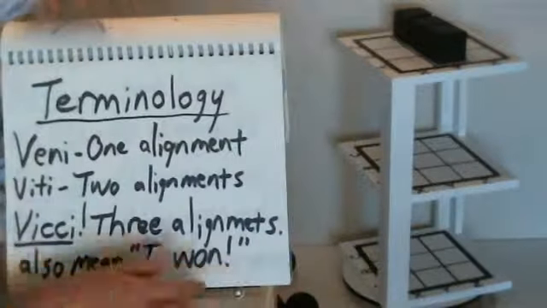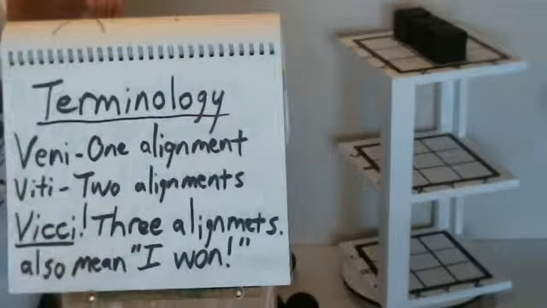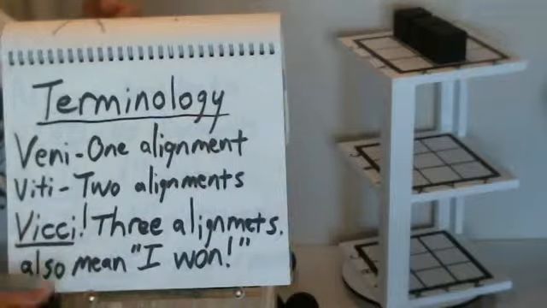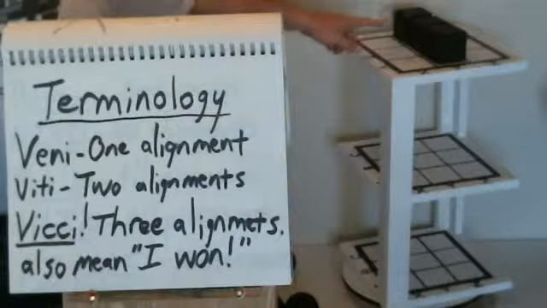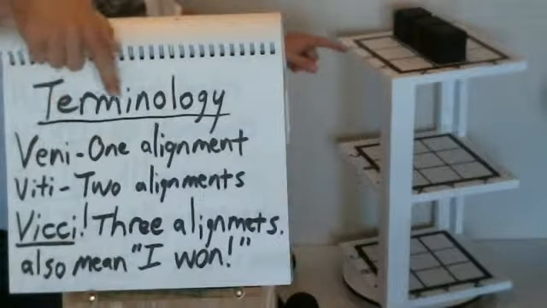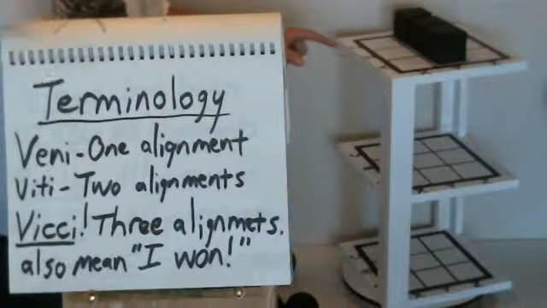In this game, each person goes through having one alignment, having 2 alignments, having 3 alignments. And if you get 3 alignments, you would win. So when you have 1 alignment, you say veni, meaning I have 1 alignment.